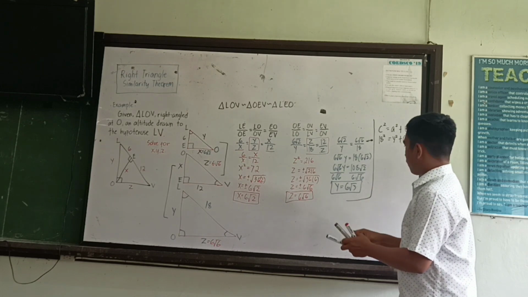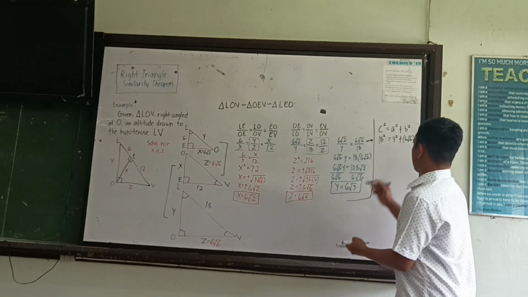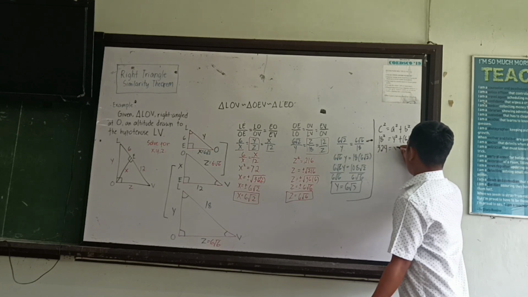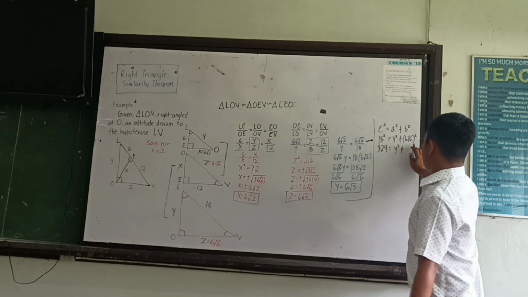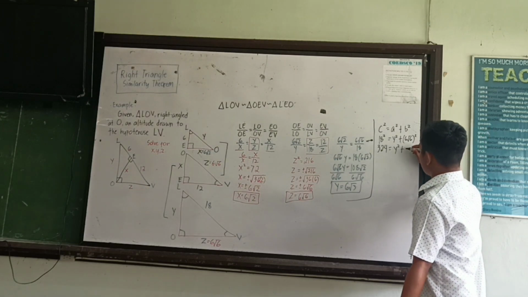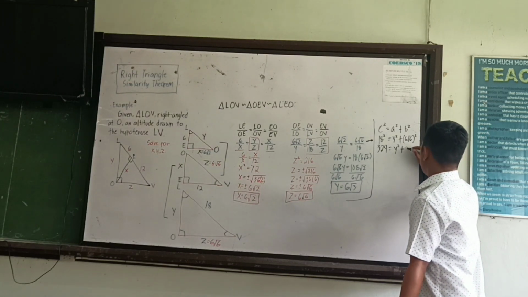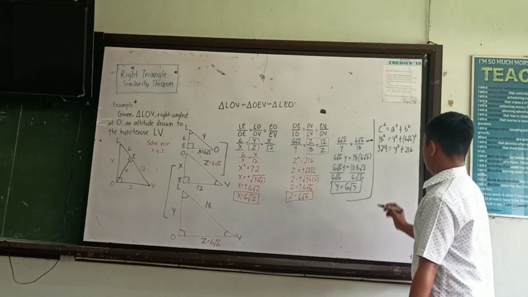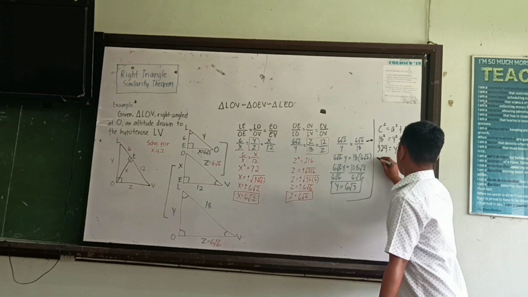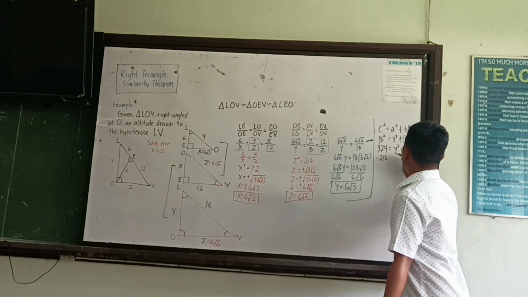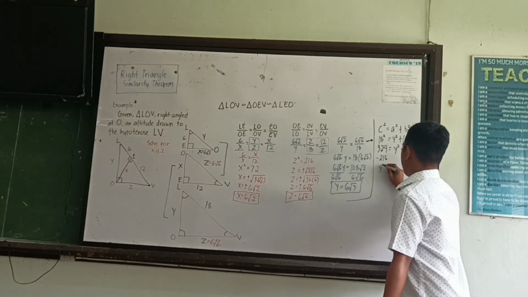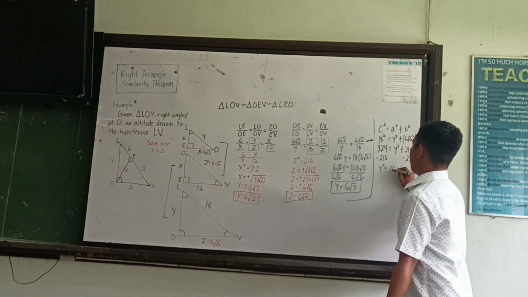Now, we have 18 squared is equal to 324 equal to y squared plus 6 square root of 6 squared, which is equal to 216. So, we can now subtract both sides by 216. We have y squared is equal to 108.